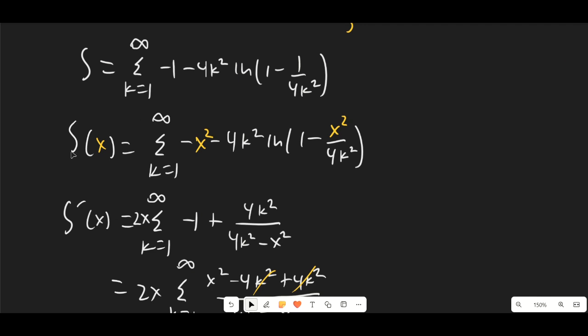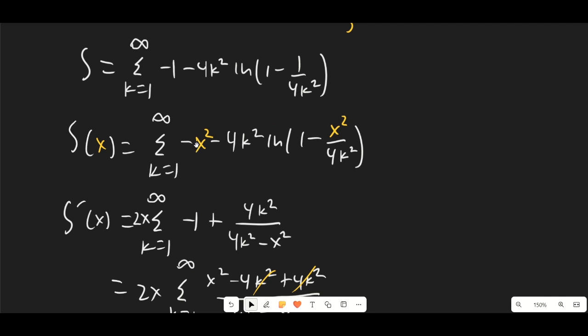So we're going to set s of x equal to the sum from k equals 1 to infinity of (-x^2 - 4k^2) times the natural log of (1 - x^2/(4k^2)). The reason we're putting x squared in two places: first, the x squared inside the natural log means that when I differentiate with respect to x, the natural log disappears and it becomes a rational function.